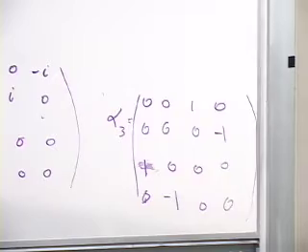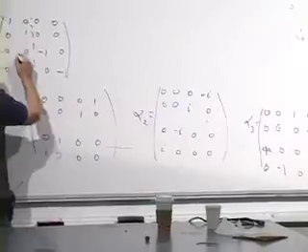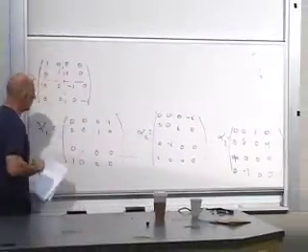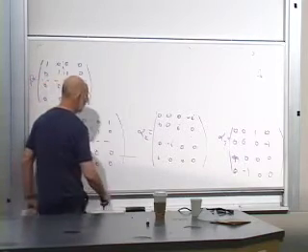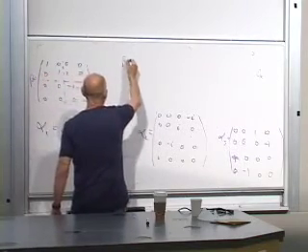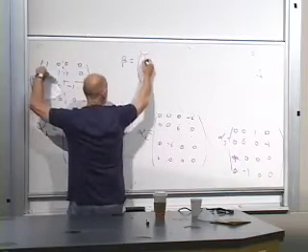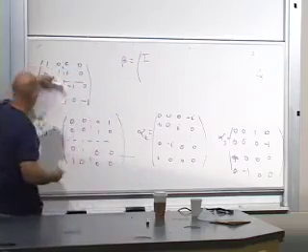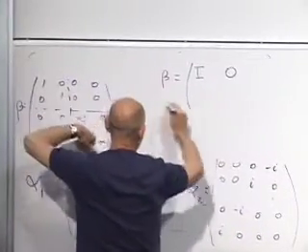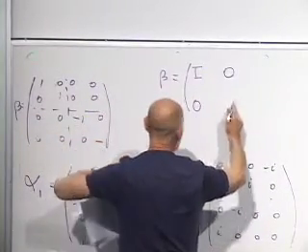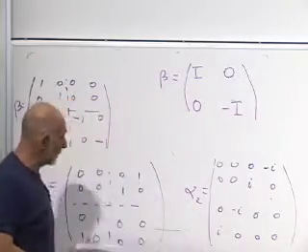A more nifty notation is to divide things into blocks of 2 by 2 matrices, each one a block of 2 by 2 matrices, and then write them in the form beta is equal to the unit, let's call it I, for identity, or unit 2 by 2 matrix, 0, 0, minus I, where each entry is now a 2 by 2 matrix.